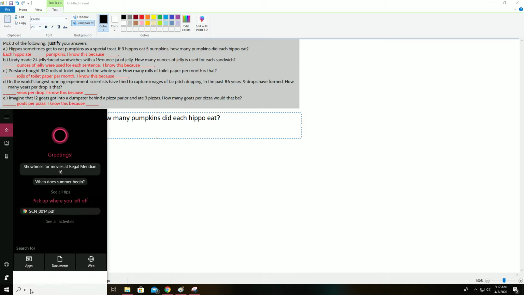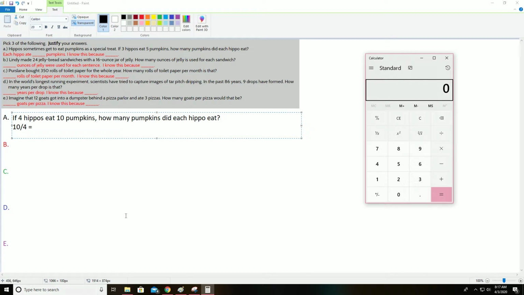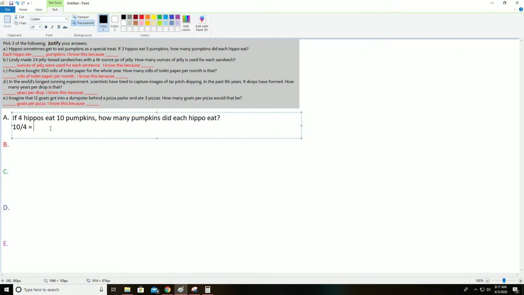Let's pull my calculator up. 10 divided by 4, we're going to get a decimal. So each hippo ate 2.5. Up here you could say each hippo ate 2.5 pumpkins.